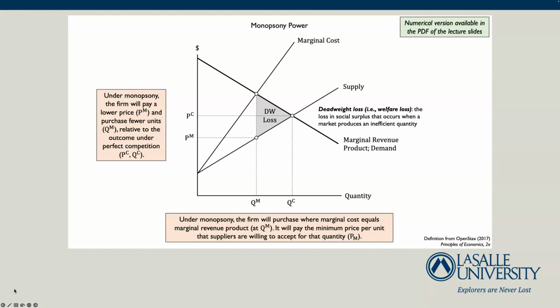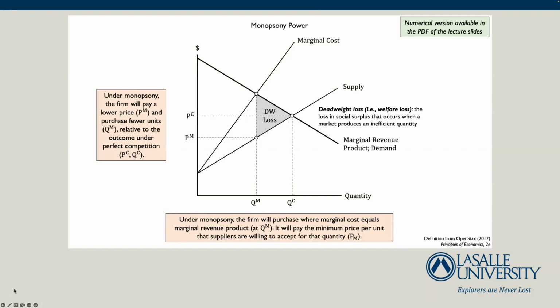In essence, under monopsony, the firm is paying a lower price and also purchasing fewer units than it would under perfect competition. We have a reduction in input utilization from QC to QM, and also a lower price being paid to input suppliers from PC to PM.